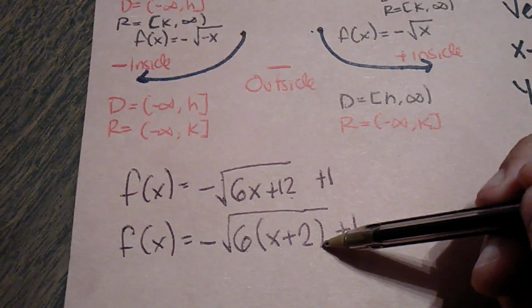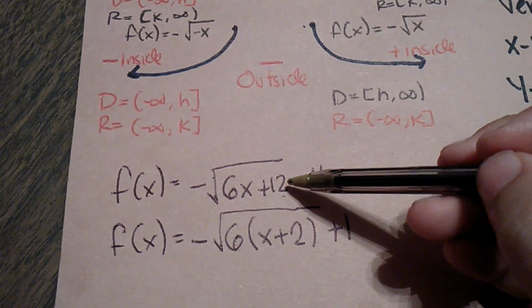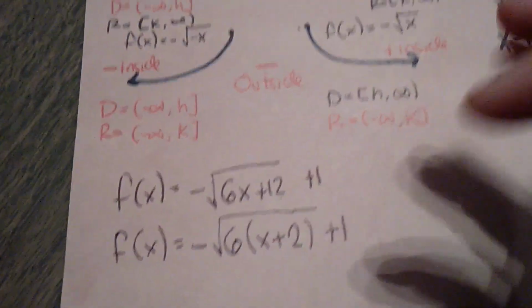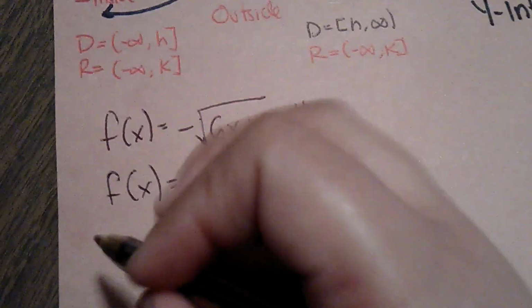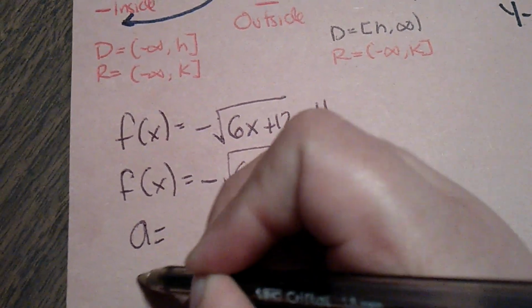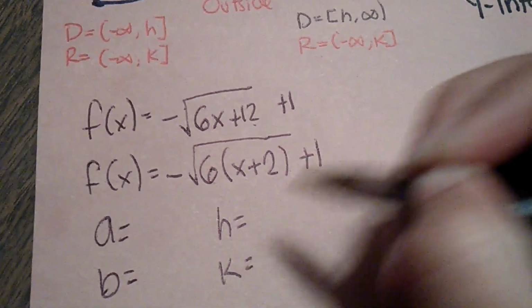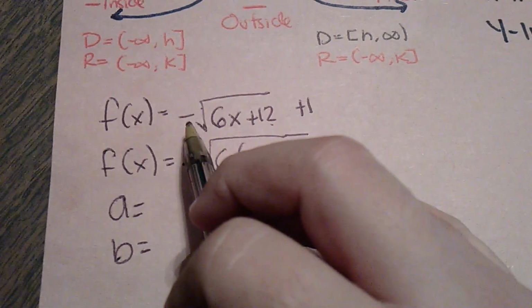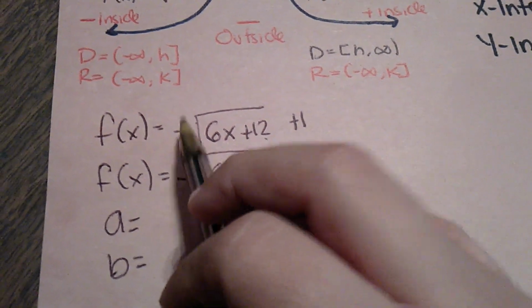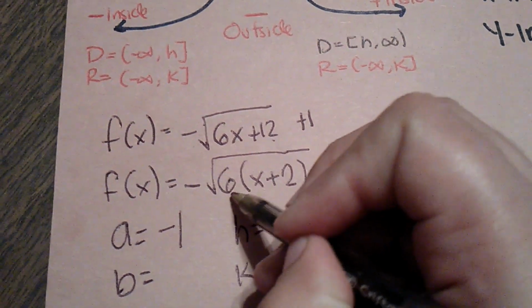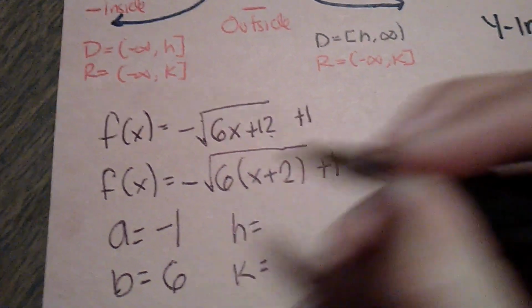If we have parentheses, we have standard form. If we don't have parentheses, we have general form. So with these two, we may find your A, B, H, and K values. A is outside, minus 1. B is inside, this one, 6.